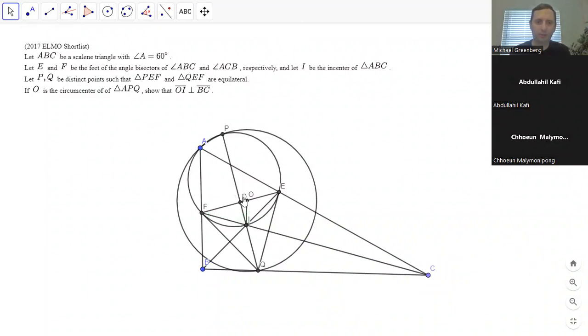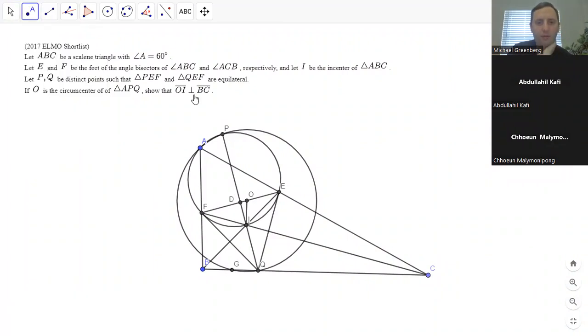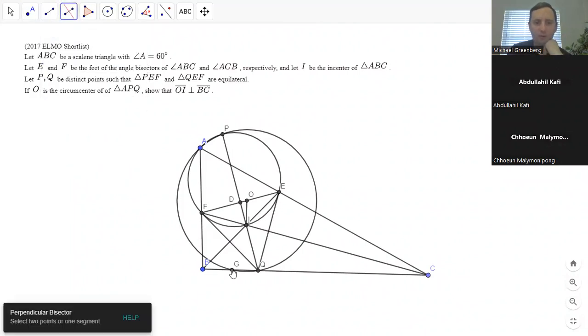So let's think about this. We could try to show IB squared minus IC squared is OB squared minus OC squared. It's one way to try it. Maybe OI is the perpendicular bisector of GQ.